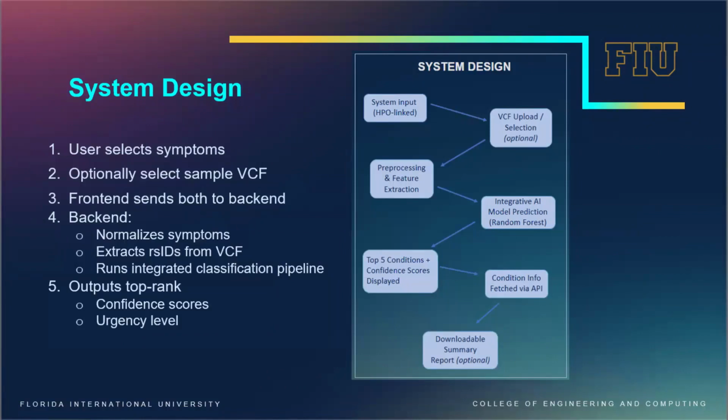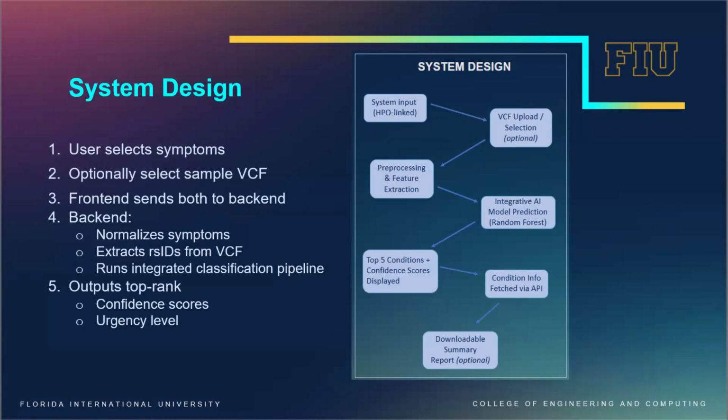Here we can see our design. Ideally, the first step is when the user does select a symptom, which leads us to the second step, where they will have the option to select a sample VCF.